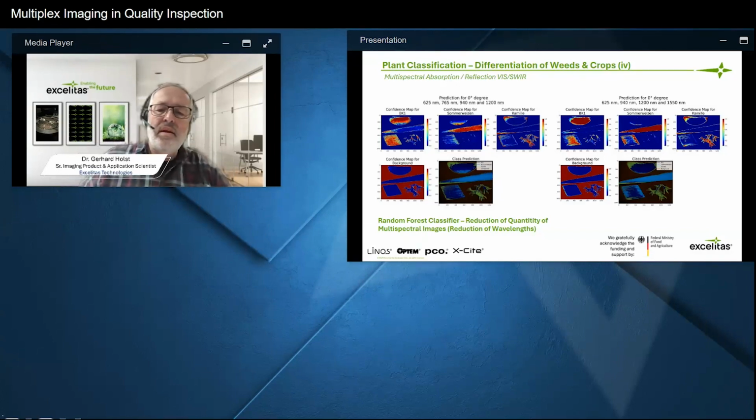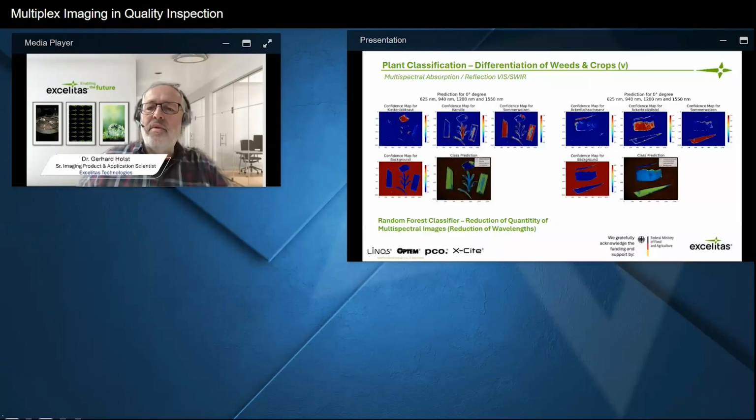And we figured out that the combination of 625, 940, 1200, and 1550 nanometers worked best for us, which is shown at the different plant samples here. And this is still work in progress because the project is still ongoing, and this camera and this technology will be applied in a plant container to be sure that it later on can be used in the field.